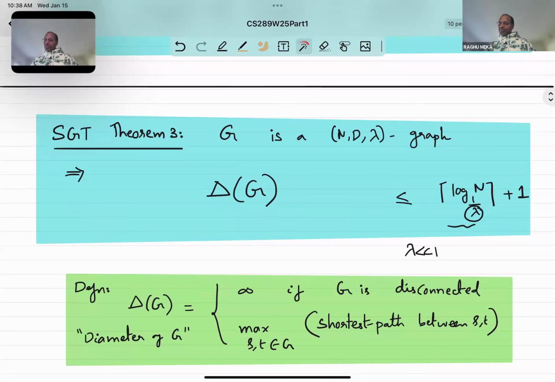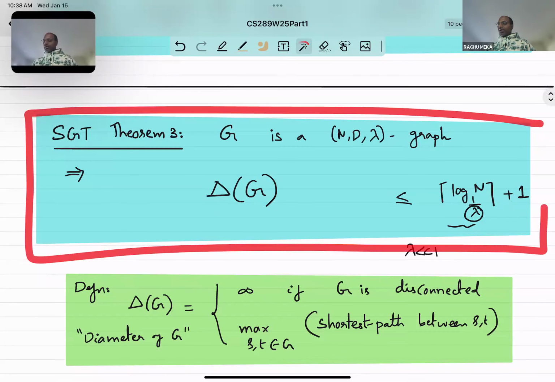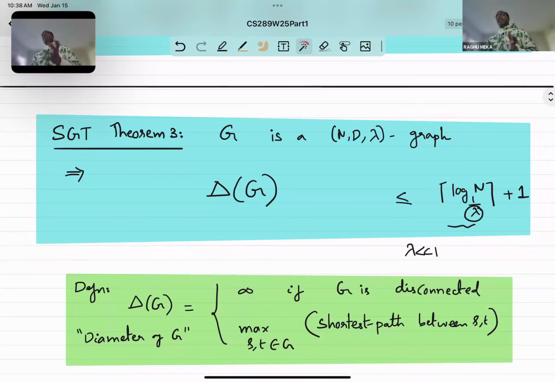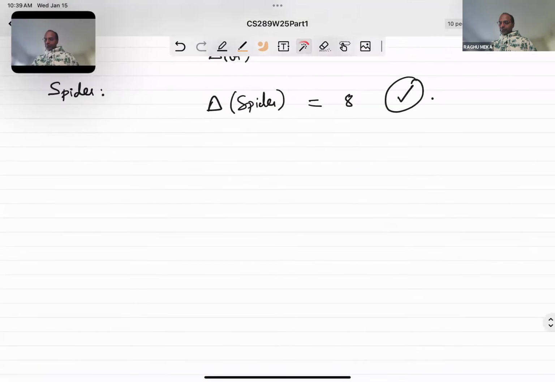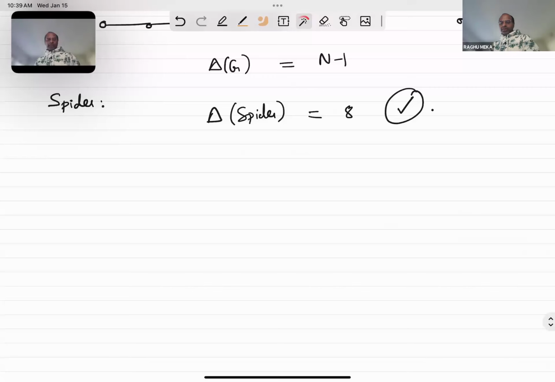That is where spectral graph theory comes to the rescue. Small diameter graphs are nice for connectivity, but diameter is a brittle concept, very combinatorial and not very easy to handle.